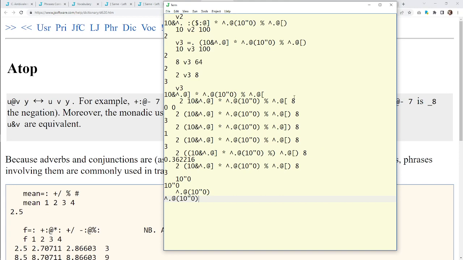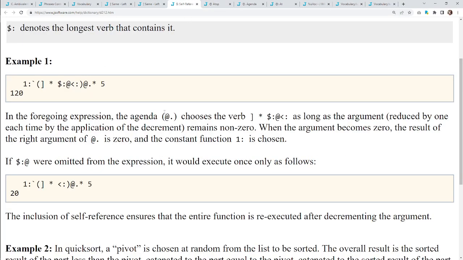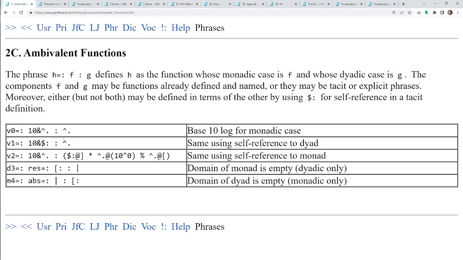But for right now, what we've learned is that I have no idea how this code works. I have a vague idea, but they've introduced this self-reference thing. And it wasn't the point here. The point here was the ambivalent functions, but ambivalent functions can use self-reference. And here, self-reference is very easy.